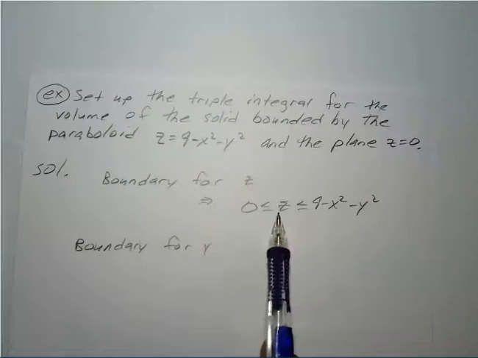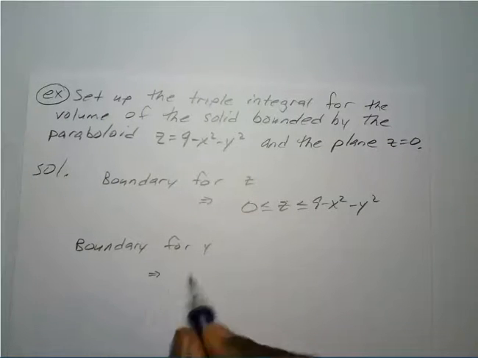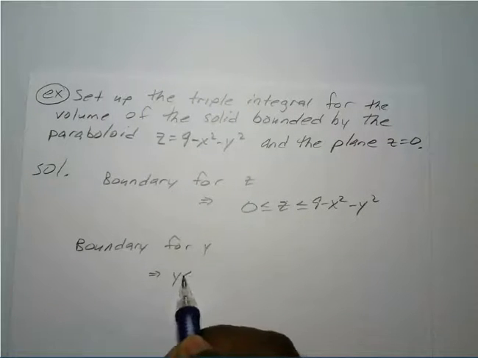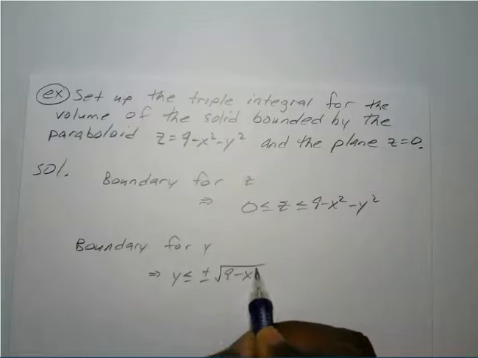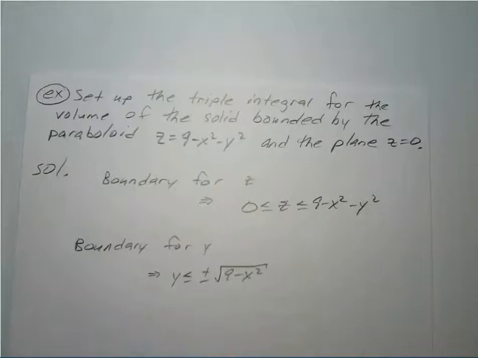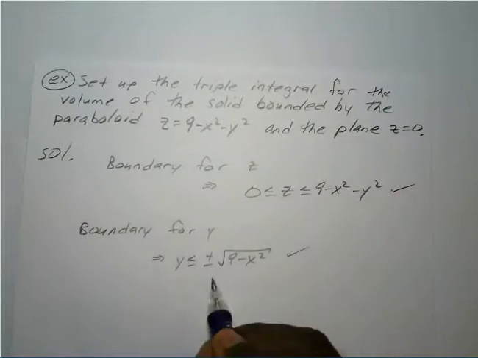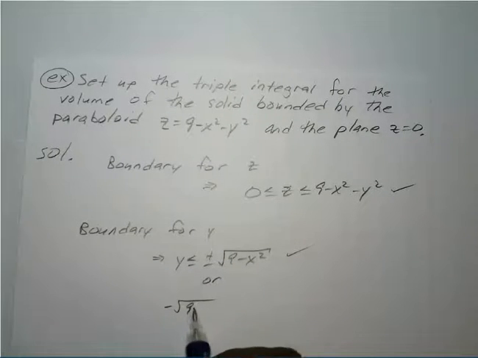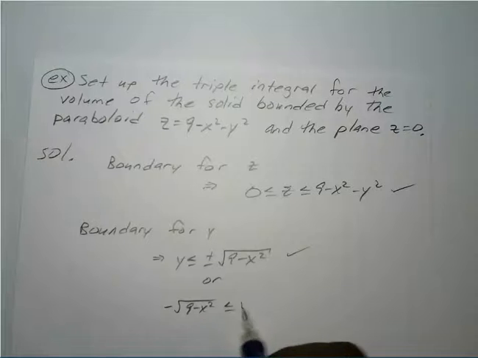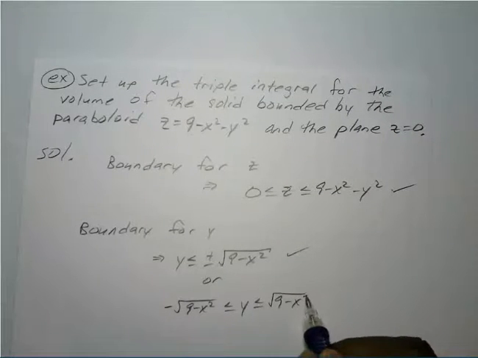So if we add y squared to both sides and square root both sides, we'd end up with y is less than or equal to plus or minus the square root of 9 minus x squared. So we have our boundary for z and our boundary for y, which you can also rewrite as negative square root of 9 minus x squared less than or equal to y is less than or equal to the square root of 9 minus x squared.